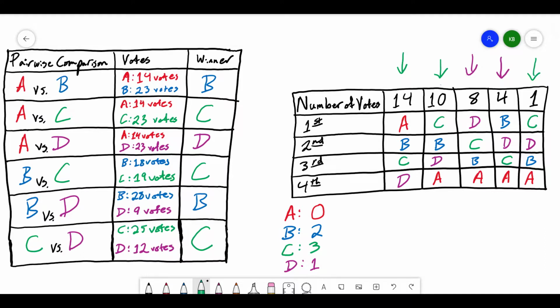So this makes C the winner of the whole election. And if we needed to rank order from there, we would see who had the next most mini sub-elections. So B would be second, D would be third, and A would be in last place.